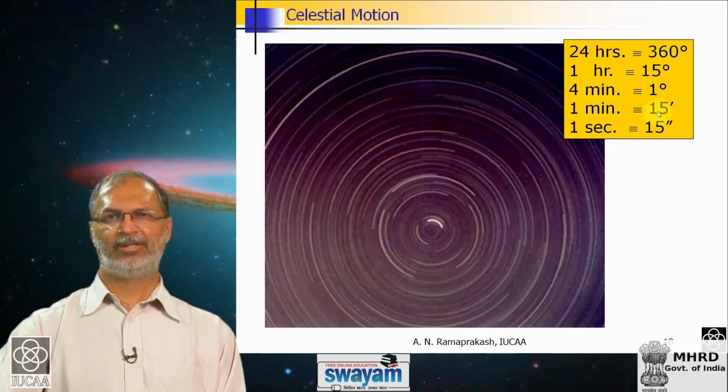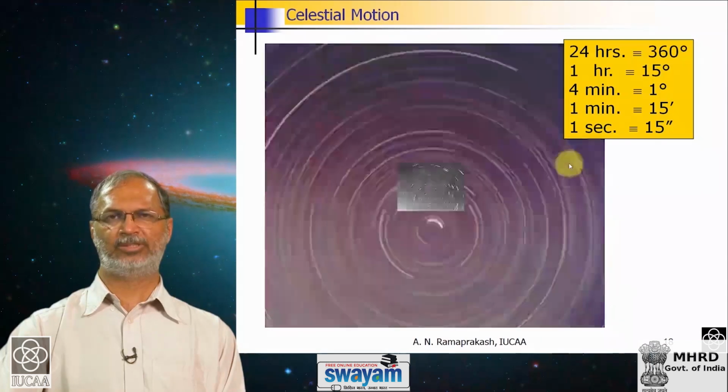So, every minute the sky moves by 15 arc minutes, with 1 arc minute being 1/60th of a degree, and every second the sky appears to move by 15 arc seconds, which is again 1/60th of an arc minute.